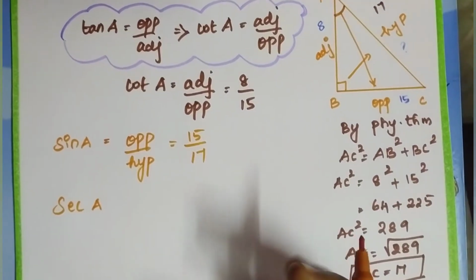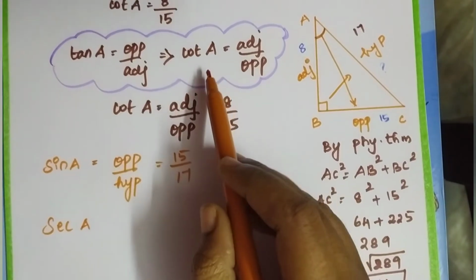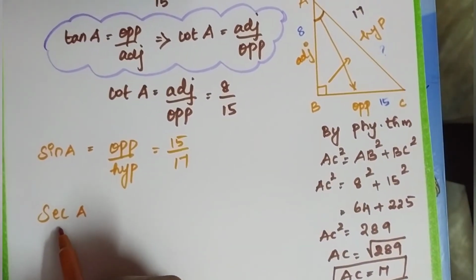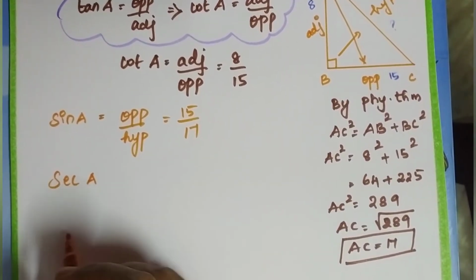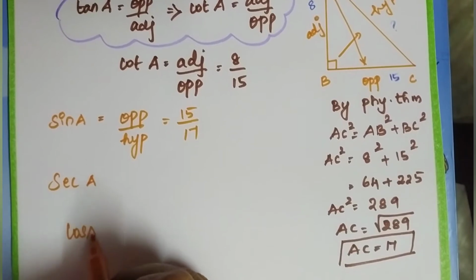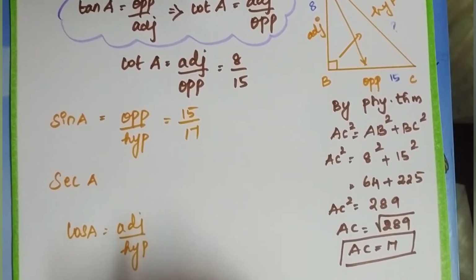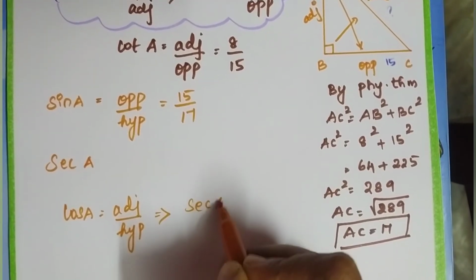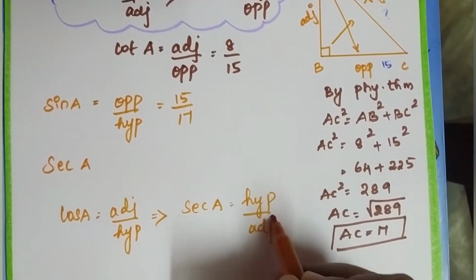Next, secant A. I said the formulas for sin theta, cos theta and tan theta only. So how did we write for cot? The reciprocal of tan. Now secant is the reciprocal of cos. So first write the cos formula, that is adjacent by hypotenuse. Now for secant A, that is hypotenuse by adjacent.